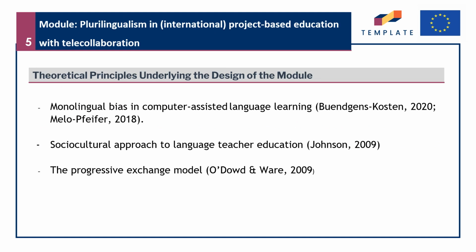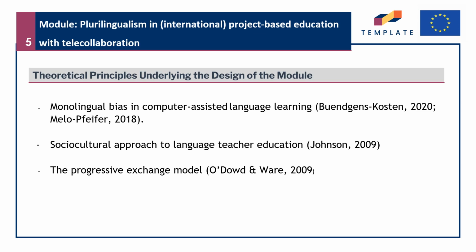Before describing the module in more detail, we need to explain some of the main theoretical principles underlying the design of the module. First of all, with this module, we want to tackle the so-called monolingual bias in computer-assisted language learning.